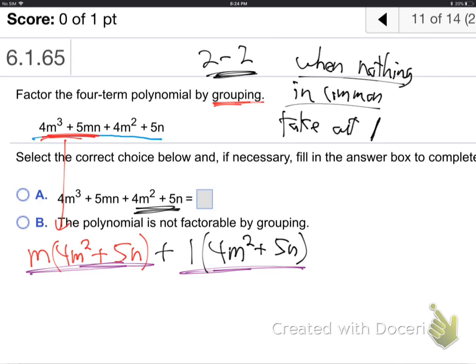The big old parenthesis 4m squared plus 5m. So you remove it, put one of them in the front. That's the pattern we've been following all night. Start a new set of parentheses. Bring down the leftovers. M plus 1. That's why that 1 became important, because it ends up being there and part of the answer.